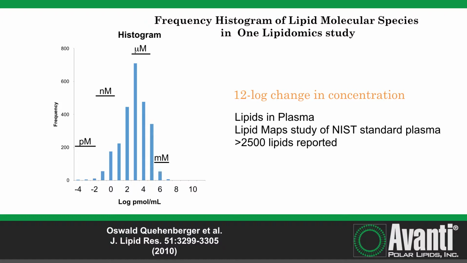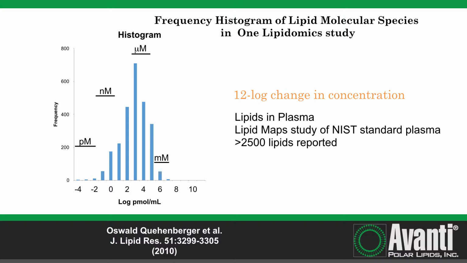And there are those which are present in plasma in picomolar quantities. And typically these are bioactive lipids for which there are G protein coupled receptors, and therefore they're not present at very high concentrations. Overall, this presents a challenge of a 12 log difference in concentration in all of these lipid family members, which one may use as a target for lipidomic studies.